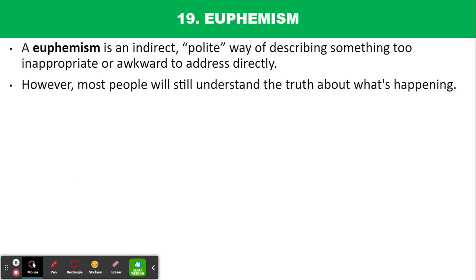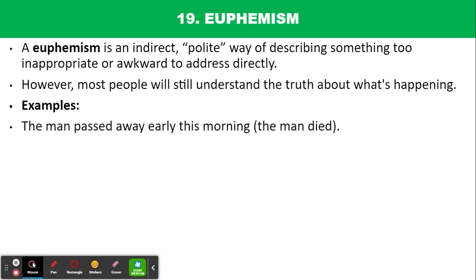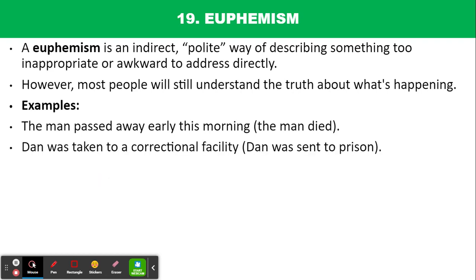However, most people will still understand the truth about what is happening when you use euphemism. For example, the man passed away early this morning. That is a polite way of saying that the man died. Dan was taken to a correctional facility. That's just a mild or polite way of saying that Dan was sent to prison.